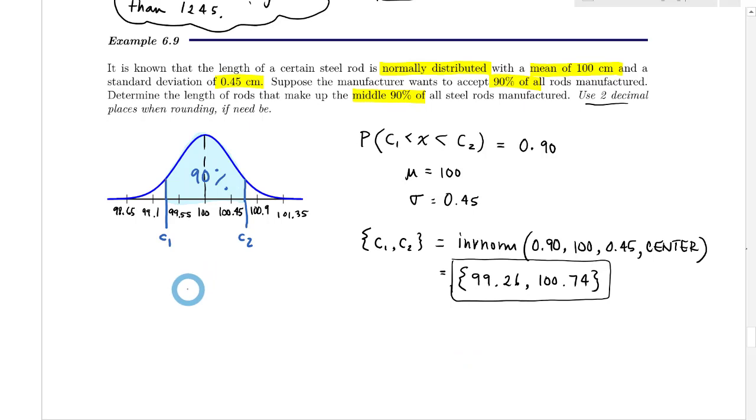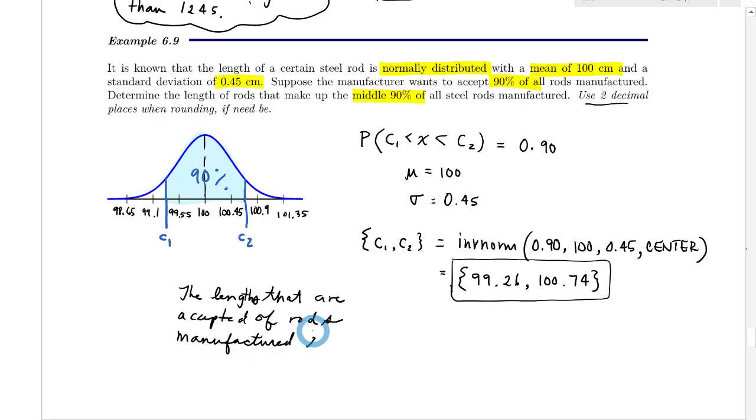And then you would say, okay, so the lengths that are accepted of all rods manufactured are between 99.26 centimeters and 100.74 centimeters.